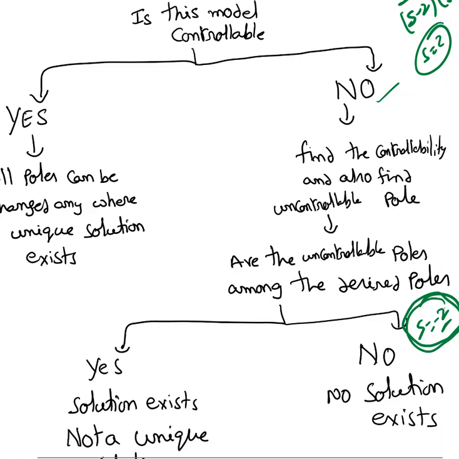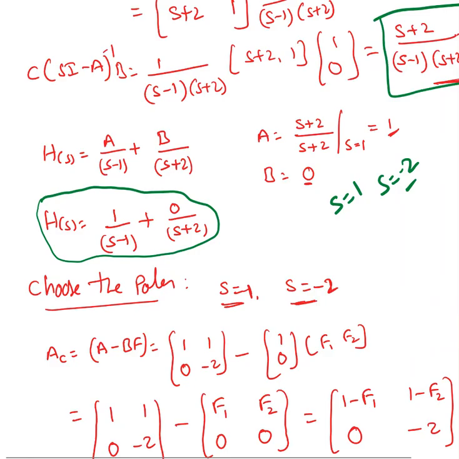So when you choose the poles, make sure you keep this s equal to minus 2 and change the other pole. The actual poles are s equal to 1 and s equal to minus 2. Then we will end up having the solution.